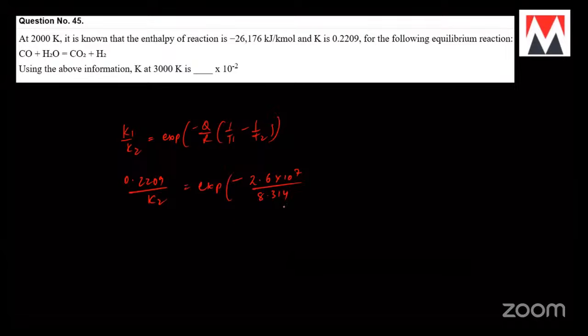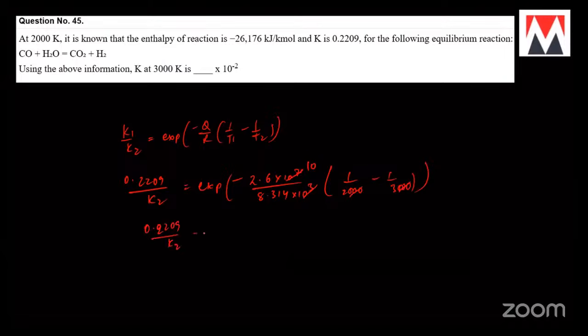The enthalpy of a reaction is given per kilomole, so into 10 power 3 is also there, into 1 by T1 minus 1 by T2, which is 1 by 2000 minus 1 by 3000. This 1000, you get 10.